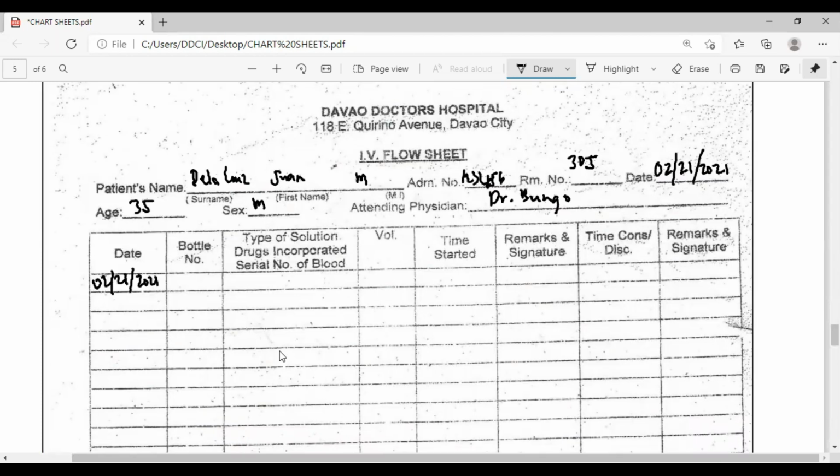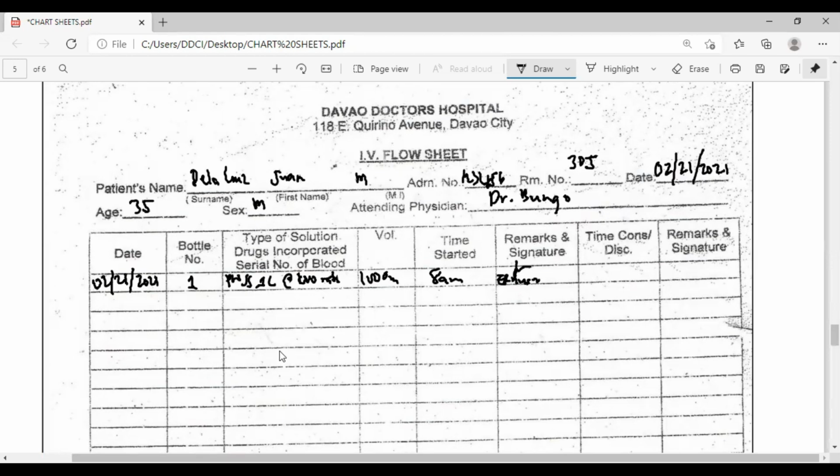02/21/2021. Bottle number 1, plain NSS 1 liter at KVO rate. Volume is 1000 ml. Time started, let's say 8 a.m. Then remarks and signature for those who started, let's say ER nurse, then signature.